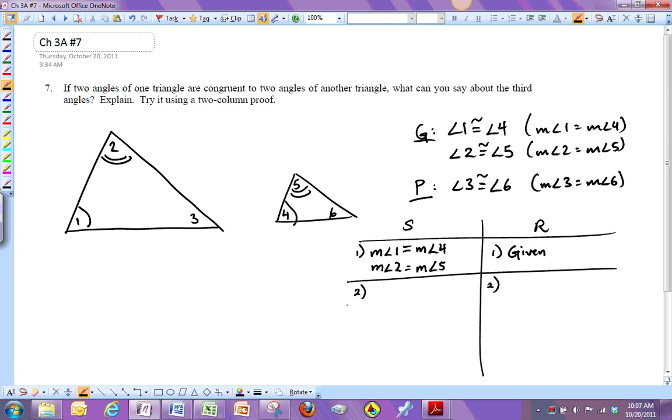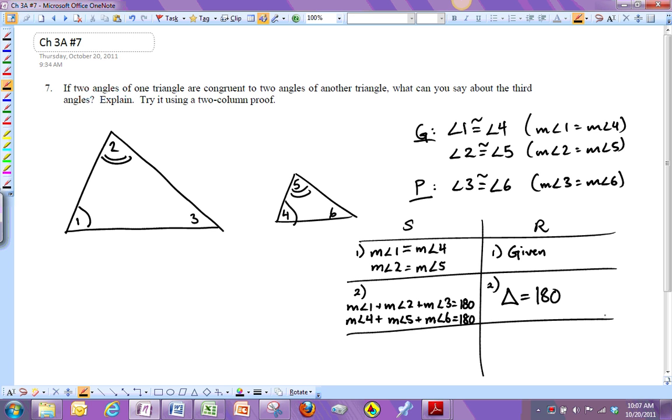So I'm going to write m angle 1 plus m angle 2 plus m angle 3 equals 180. And then in the other triangle, the same deal is going on here. 4, 5, and 6 also equal 180. So that's because the sum of the interior angles of a triangle add up to 180.